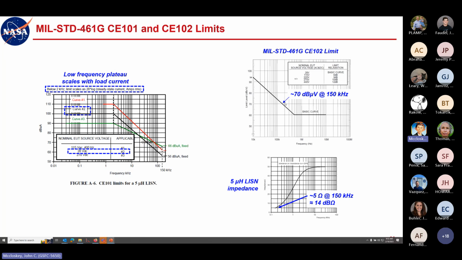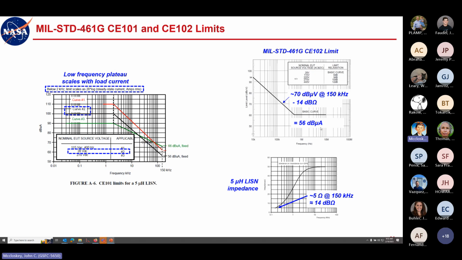The CE102 limit in voltage at 150 kilohertz is right around 70 dB microvolts. To correlate this to a current, in numeric terms we divide the voltage by the impedance. In dB space, we just subtract the impedance, right? So 70 dB microvolts minus 14 dB ohms is 56 dB microamps.